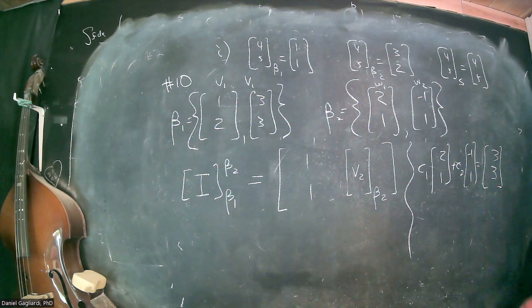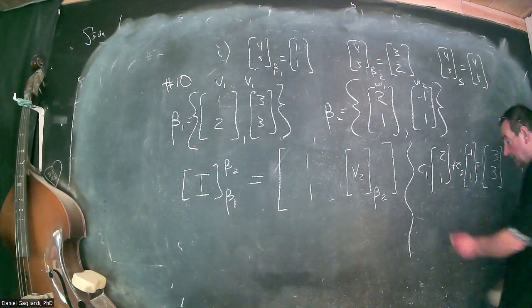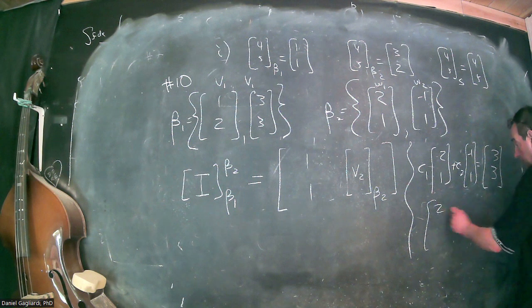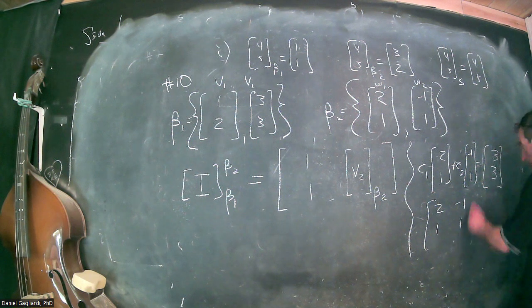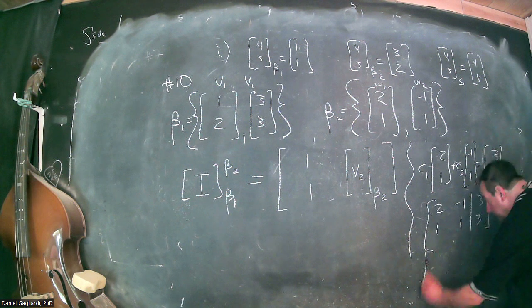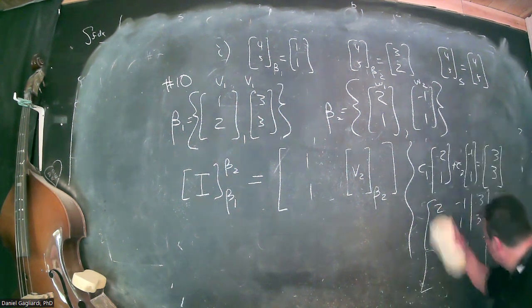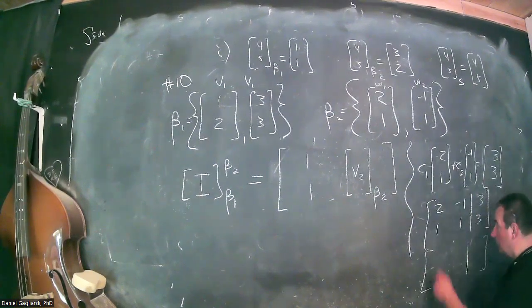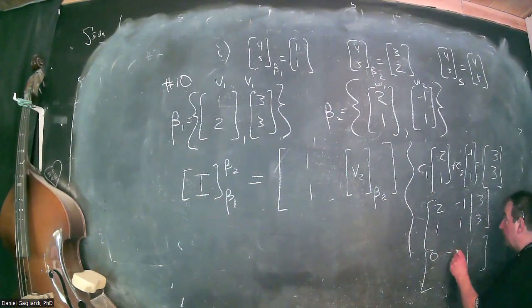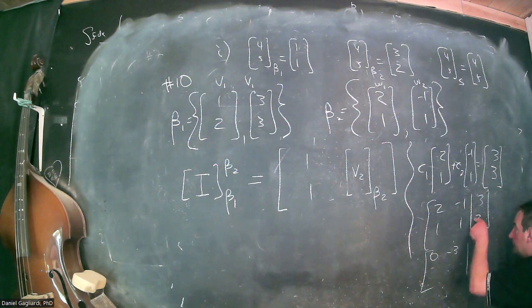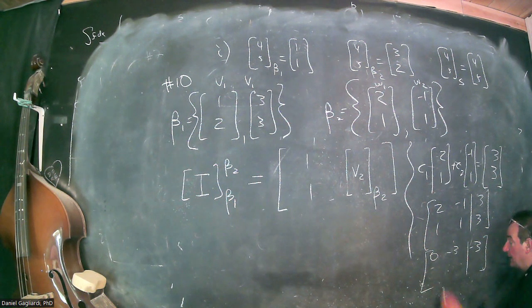Let's do the same thing. 2, negative 1, 1, 1, 3, 3. We'll row reduce this. So I take row 2 minus 2 row 1, 0, negative 3. 3 minus 2 of these is also negative 3. Then I have 1, 1, 3.